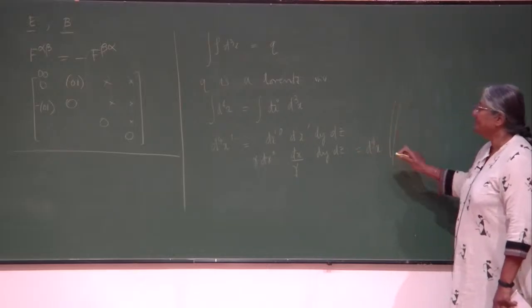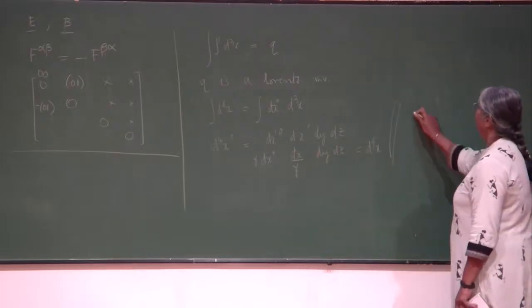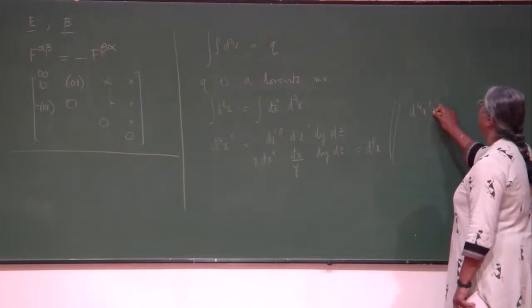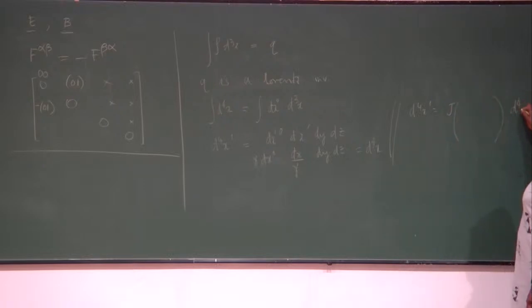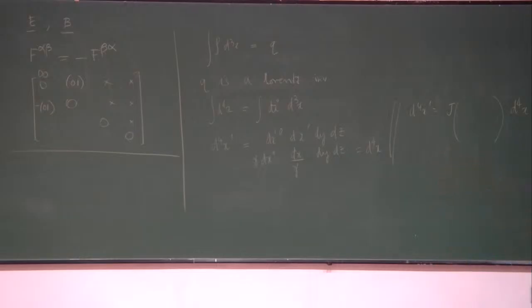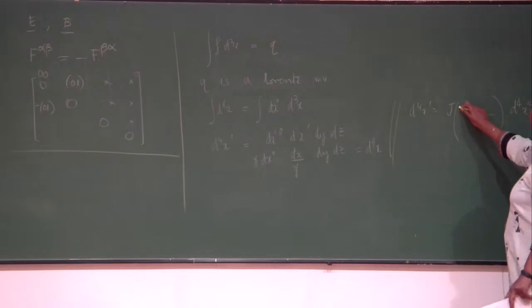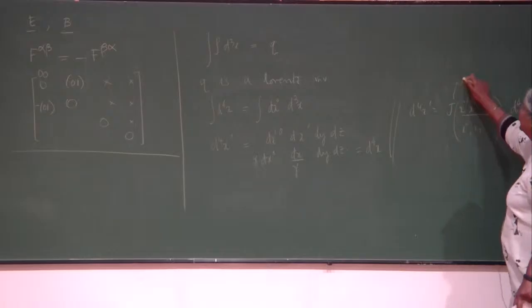When you write a transformation from d4x prime to d4x, you can write d4x prime is equal to the Jacobian of the transformation times d4x. I hope you have seen Jacobian in 3 dimensions. If I take xy and replace it by r theta, then I get a Jacobian of the transformation, which will be x naught prime, x2 prime, etc. divided by x naught, x2. So this is just the determinant of this matrix.